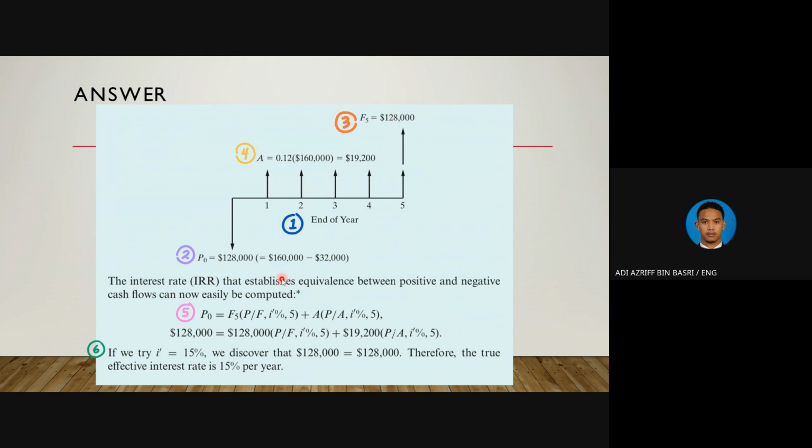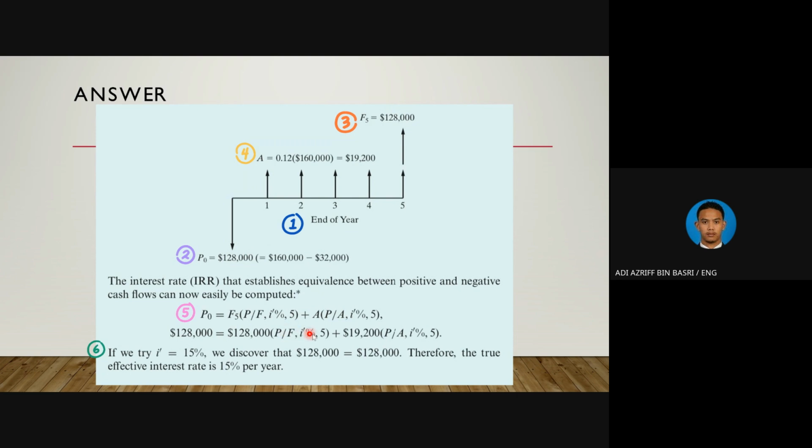So in this case, what is your true IRR? We use this formula. For example, we want P0 equal to F5 (P/F, i%, 5) plus A (P/A, i%, 5). So your present worth is about 128,000, your future worth is about 128,000.